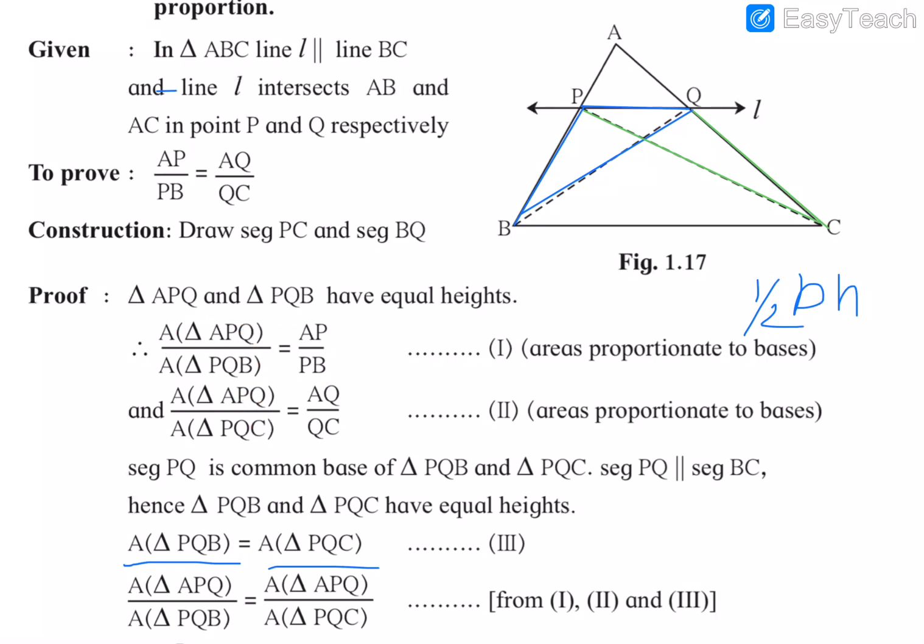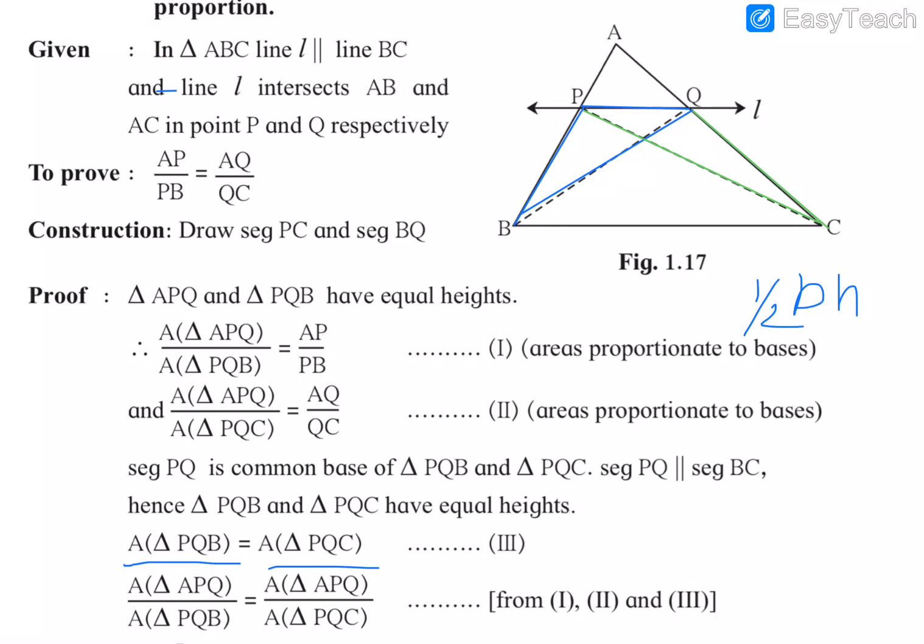So we need to prove area of triangle APQ by PQB is equal to APQ by PQC. Considering these two sides, the numerator is common, that is the area of triangle APQ. So the numerator is common. We need to only prove that the denominator is equal.